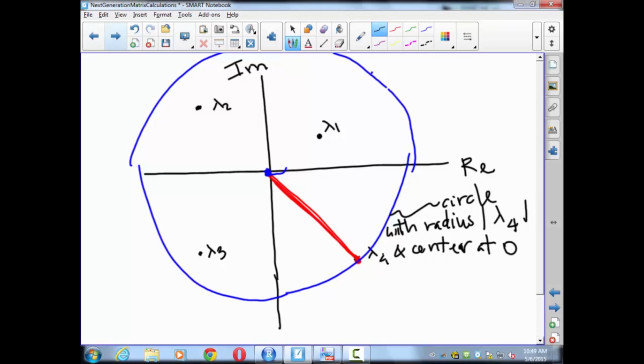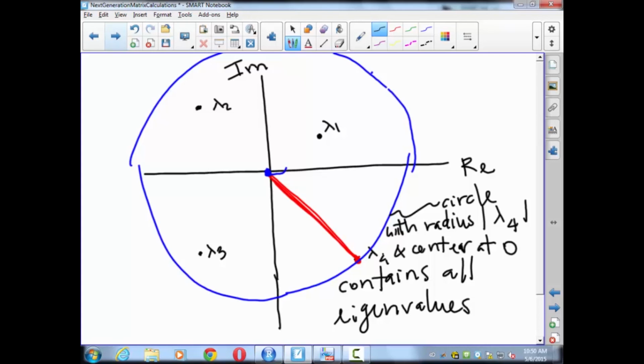This circle with radius equal to the modulus of lambda 4 and center at 0 contains all eigenvalues.